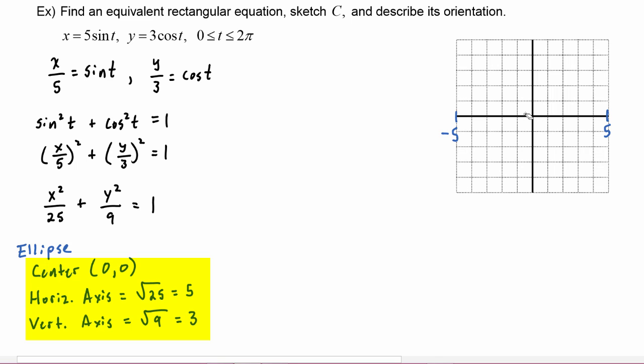On the y-axis, we will go up by 3 to positive 3 and down by 3 to -3, and we can dot in the curvature of the ellipse.